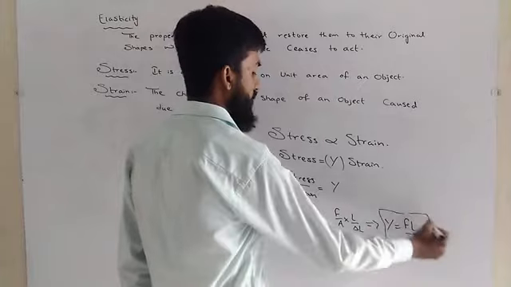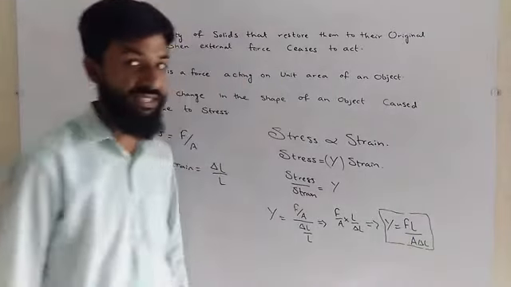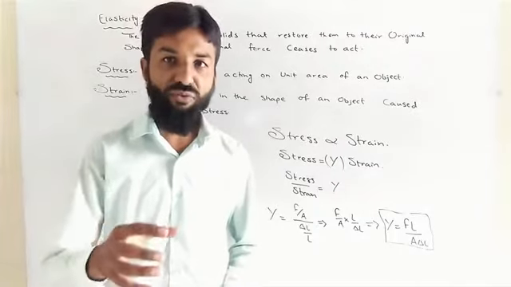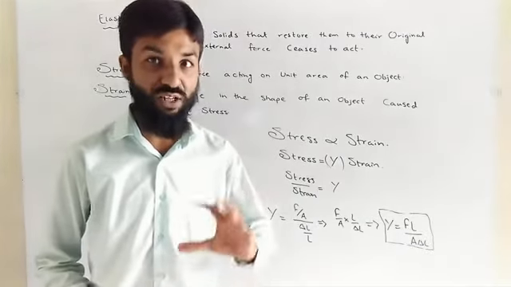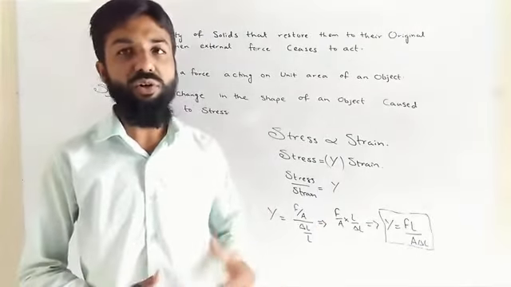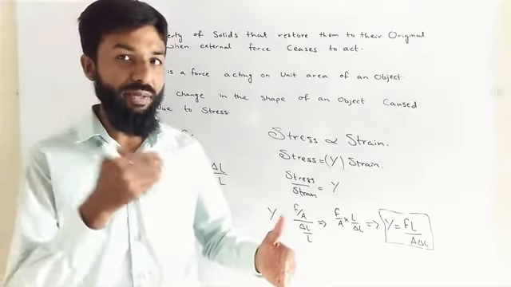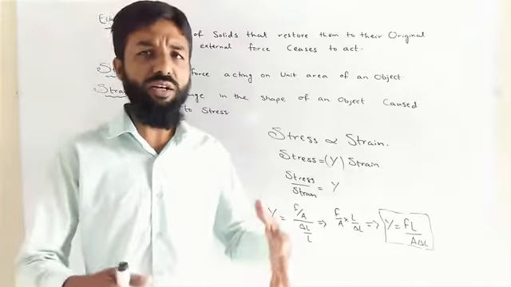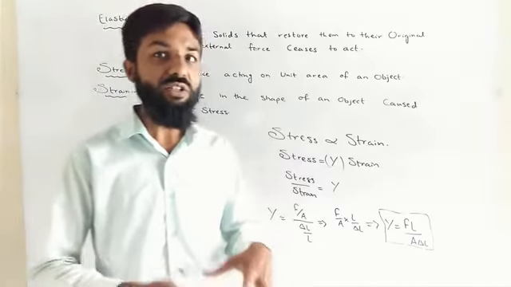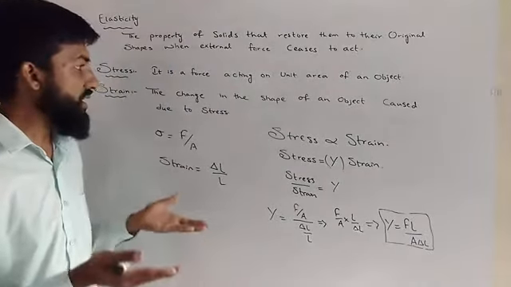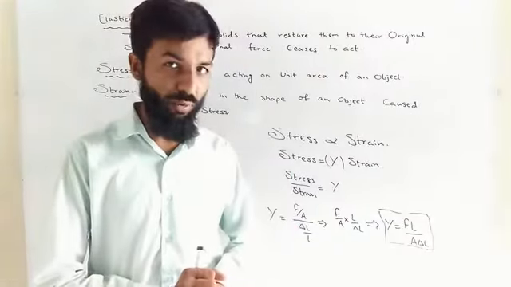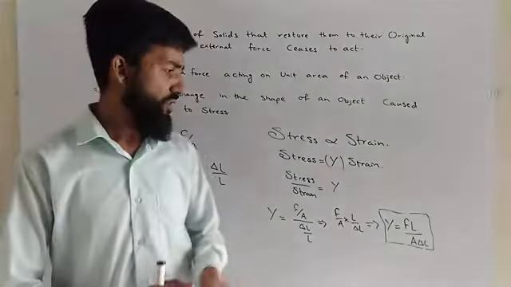I hope you have understood elasticity and stress. The external force applied per unit area is known as stress, and the change produced on the body by the application of stress is known as strain.